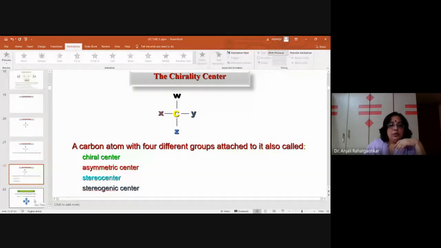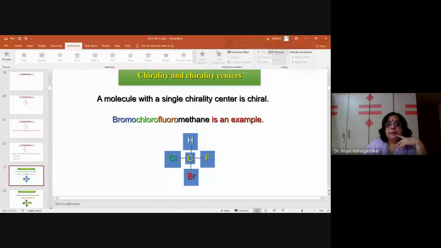Now moving towards the various examples. Let me tell you one more example, that is bromo, chloro, fluoro, methane. It is connected with four different groups or atoms and no symmetry elements.